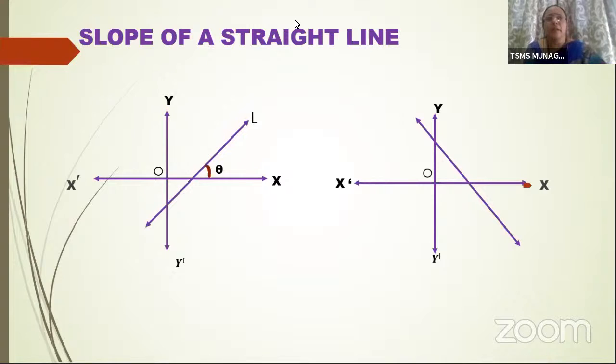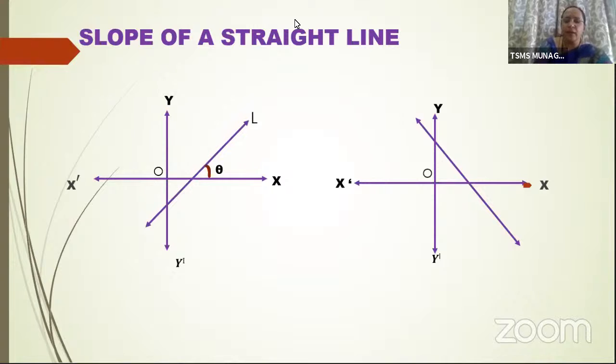In that process, if you calculate the slope of the x-axis and y-axis, the angle made by the x-axis with the x-axis itself is going to be 0, and hence the slope of the x-axis is going to be 0. Similarly, what is the slope of the y-axis? It is the angle made by the y-axis with the x-axis, which is 90 degrees, and hence tan 90.